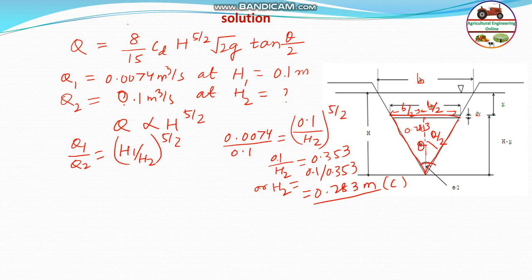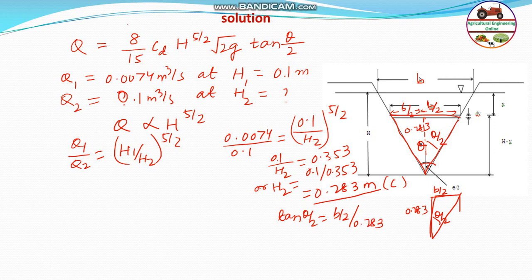From this triangle, tan theta by 2 will be equal to b by 2 divided by 0.283. So this is the equation.